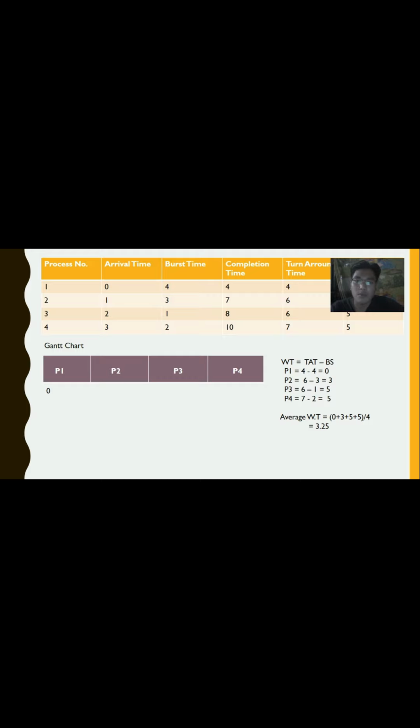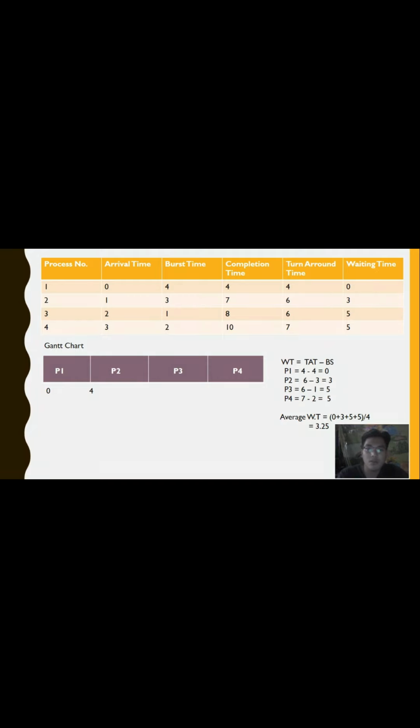Then in P2, the turnaround time is 6 minus the burst time 3. So the answer is 3. Then next, in P3, the turnaround time is 6 minus the burst time 1. It's equal to 5. For P4, lastly, the turnaround time is 7 minus the burst time 2, equal to 5.